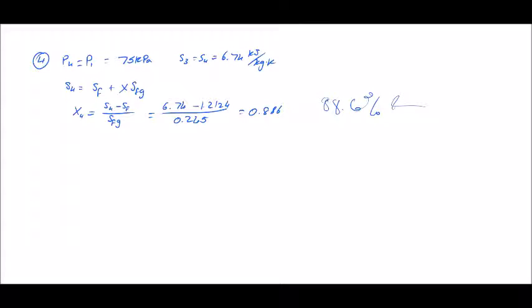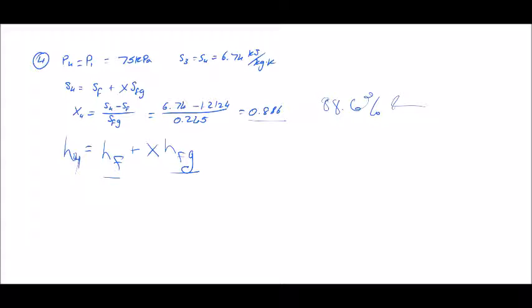Okay. So now we're going to take this quality and find H. So we're looking for H4. So now you're going to find HF plus X HFG. You can find HF and HFG from your property table.